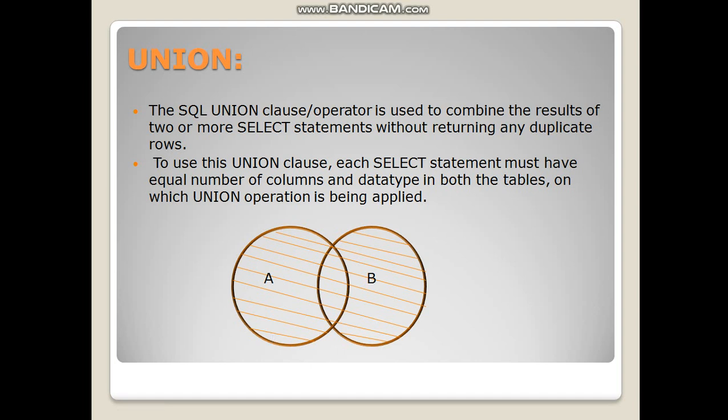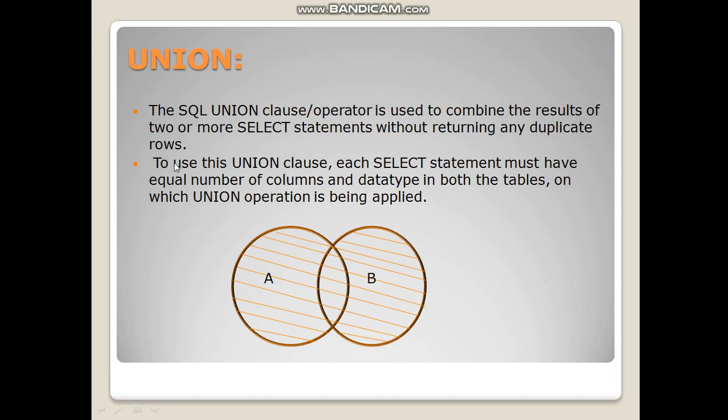Entity here means the table or relation, and B is another domain. If you want the union of A and B, we will get all the values of A and all the values of B together, and it will not repeat a value if it is present in both A and B.